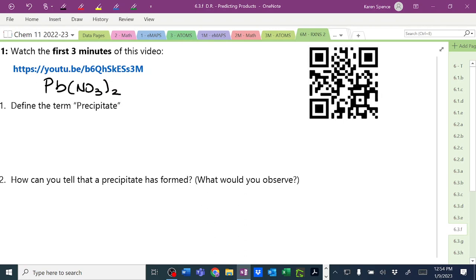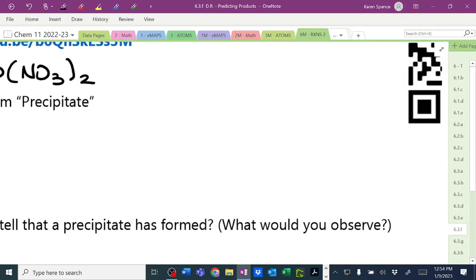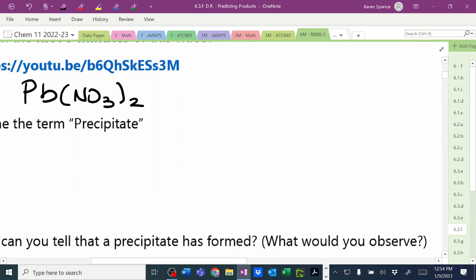What state should I put beside it? Pb(NO3)2, I put it into water, and it should be aqueous because nitrate is one of the things that is always soluble. So I'm going to take this little test tube here, and I'm going to put some lead nitrate in here.